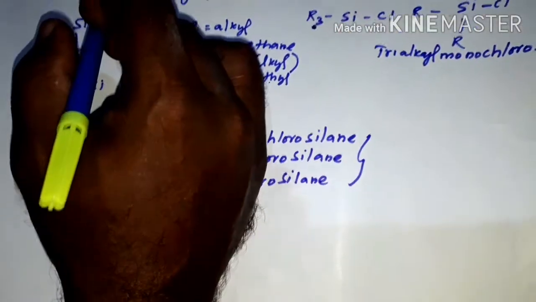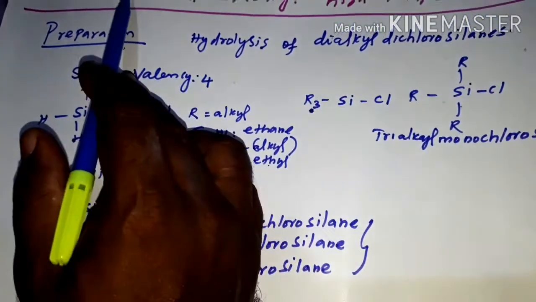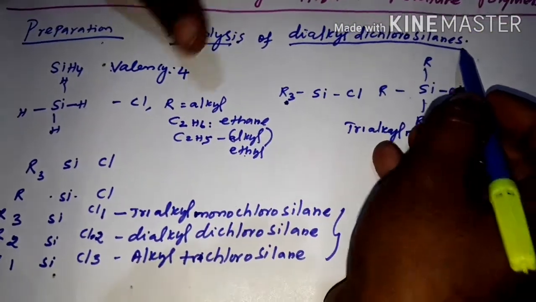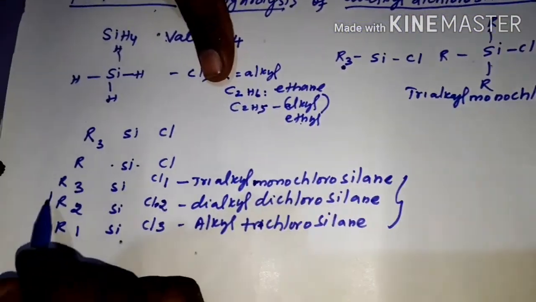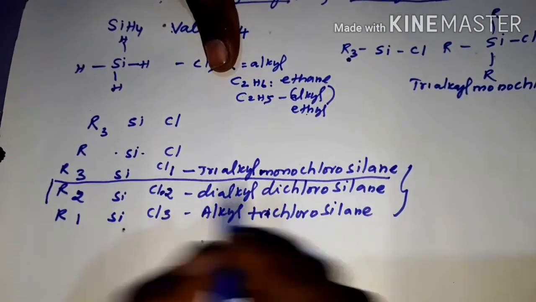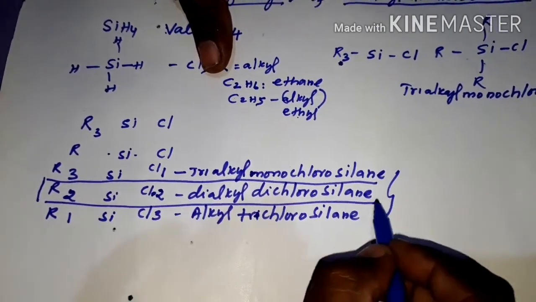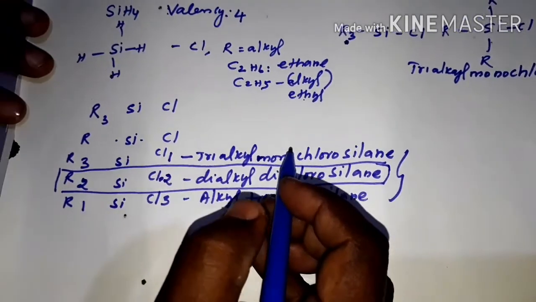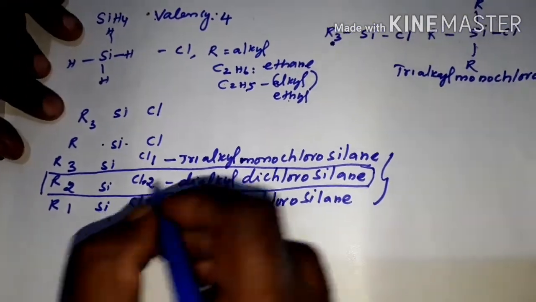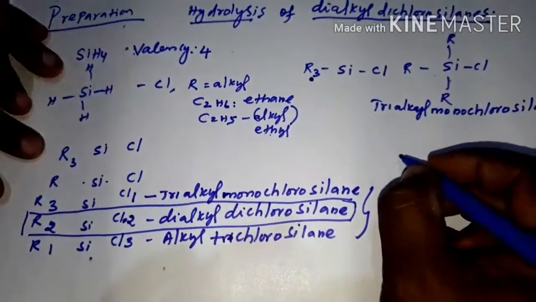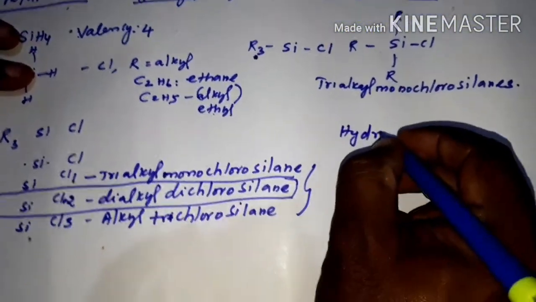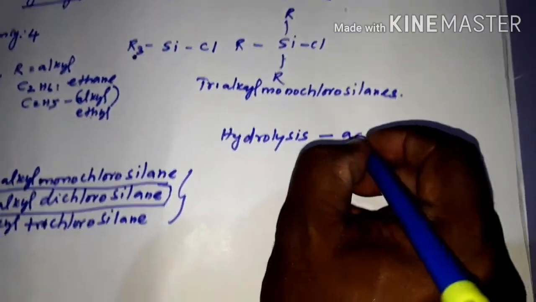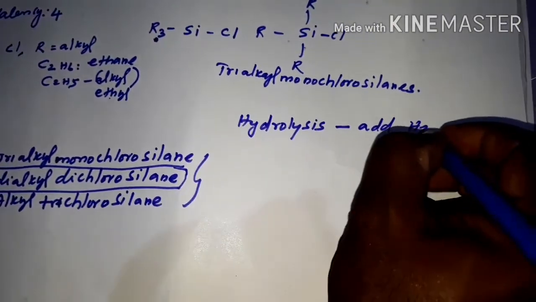So the preparation of silicone is the hydrolysis of dialkyl dichlorosilanes. From this structure we get silicones. Hydrolysis means addition of water. Take R2SiCl2 and add water.